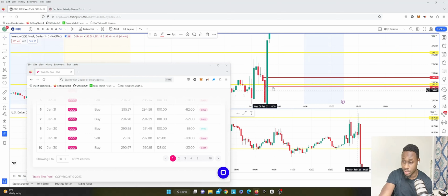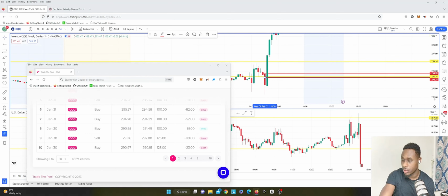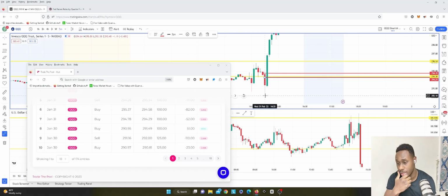So this is where my stop loss was just too close, for such a big dip. I would have had to have a 2 risk reward. I probably would have still gotten hit at my stop loss.